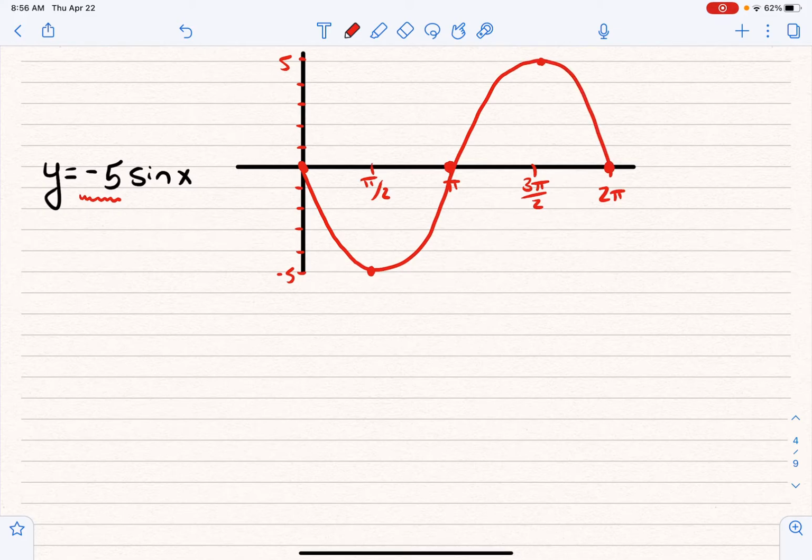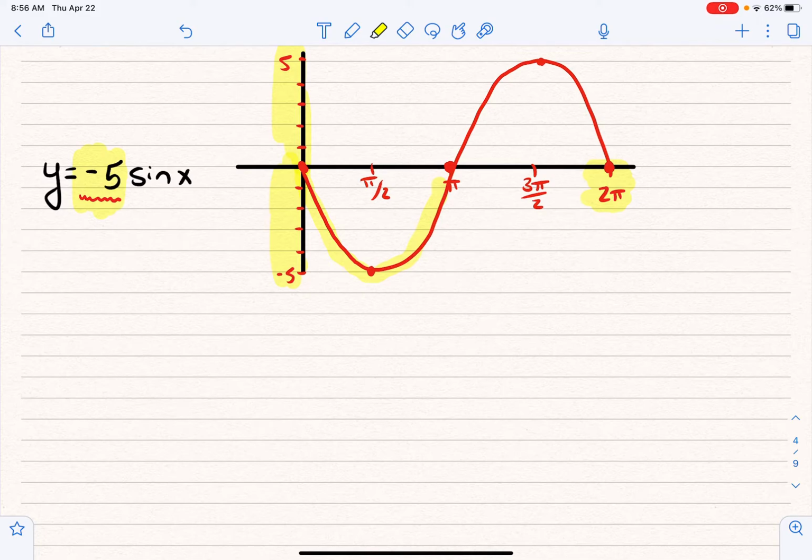Okay, again, definitely not perfect, but you can see generally what I'm talking about. And so if someone saw this graph, because of what they see here and here, they would know that the amplitude is 5. And also, because it's going down first, they would know that the a value has to be negative 5. And then because they see that after one complete cycle it gets here, they know the period is 2 pi. All right, hopefully that's making some sense.